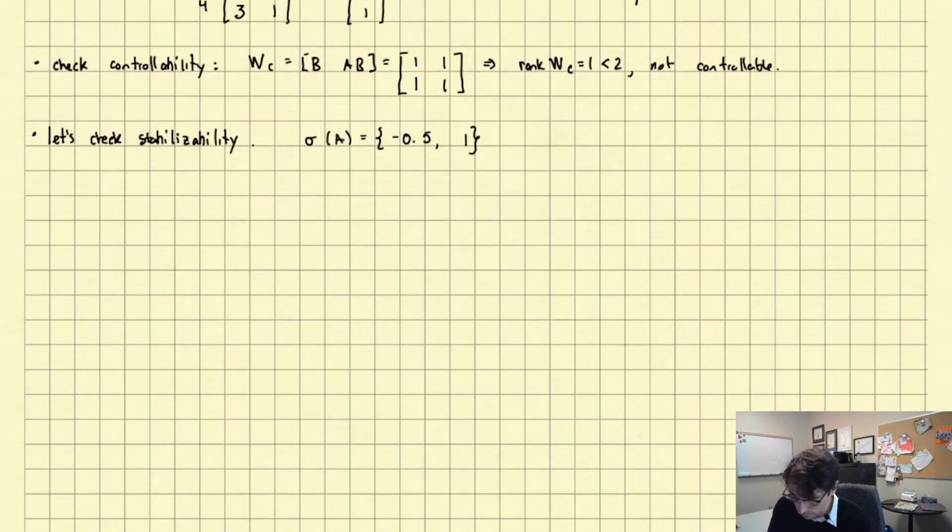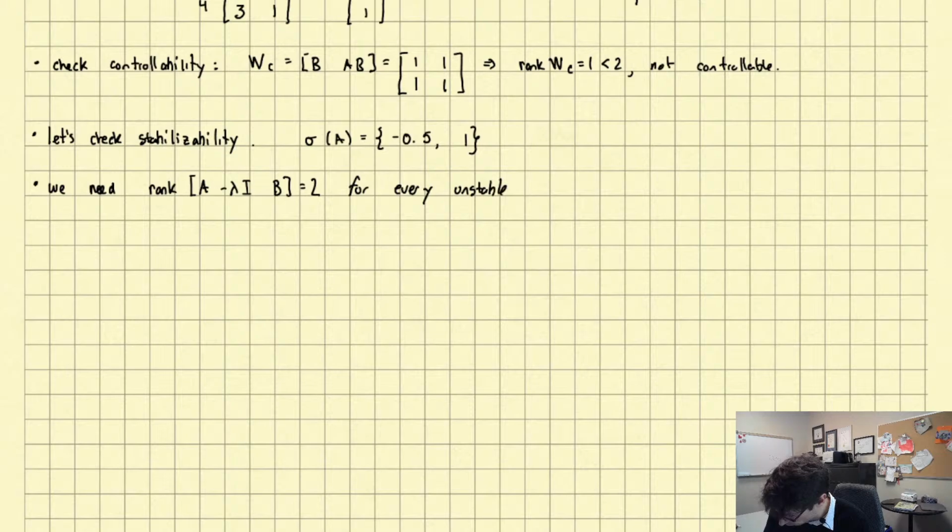We need that this matrix have rank 2 for every unstable eigenvalue.